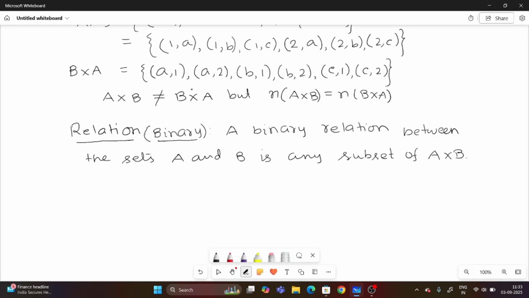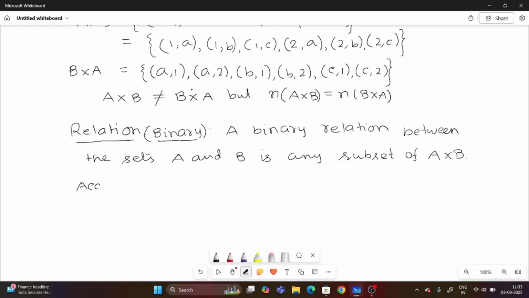So we assume A as the set {1, 2}, B as the set {a, b, c}. So what was A cross B according to our previous example?